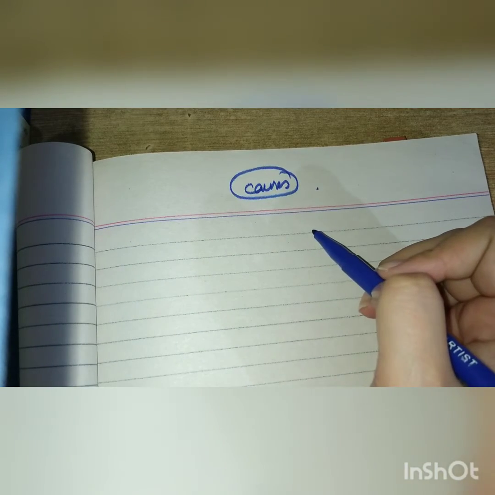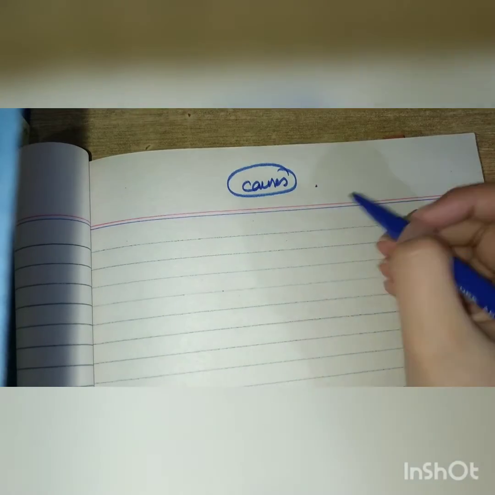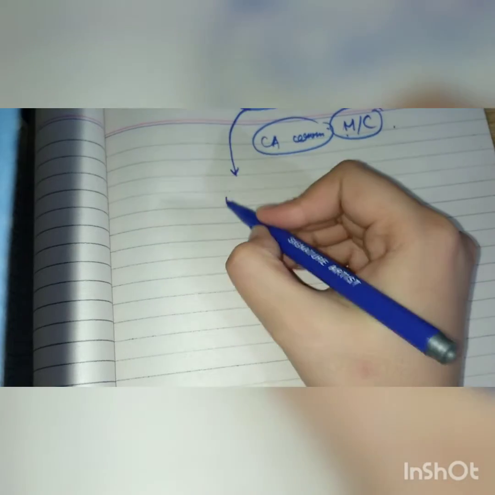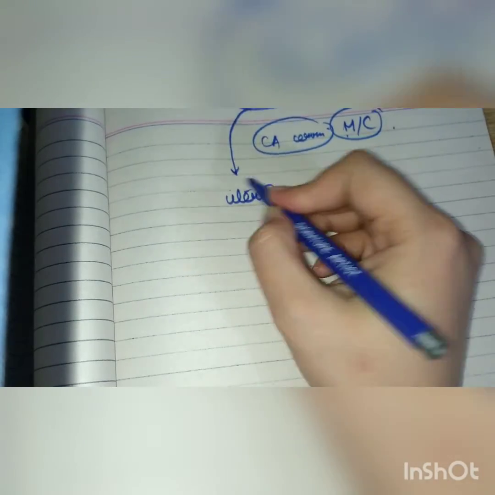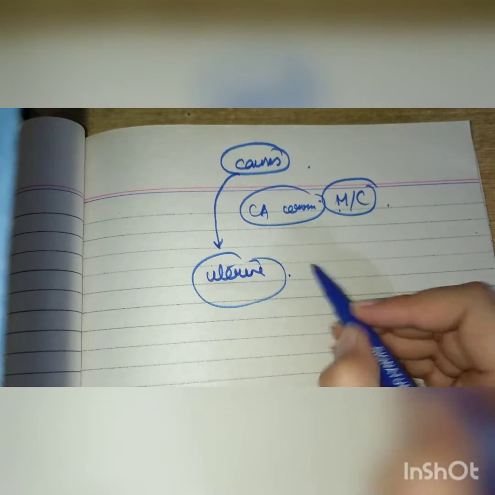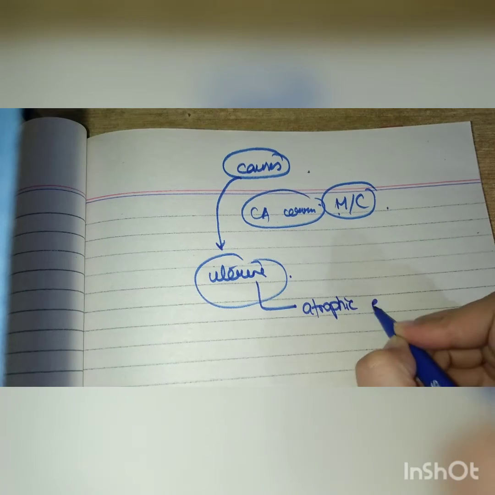Now what are the causes? Overall, the most common cause is carcinoma cervix. But if we limit it to the uterus and talk about uterine causes exclusively, then we have atrophic endometritis.